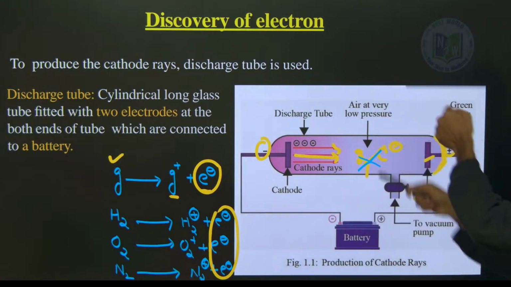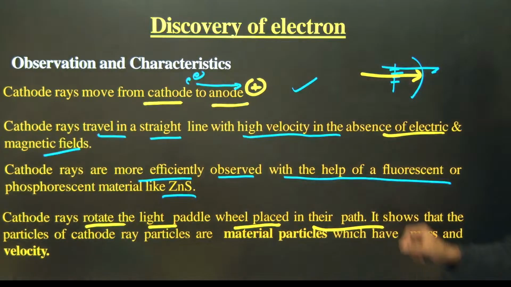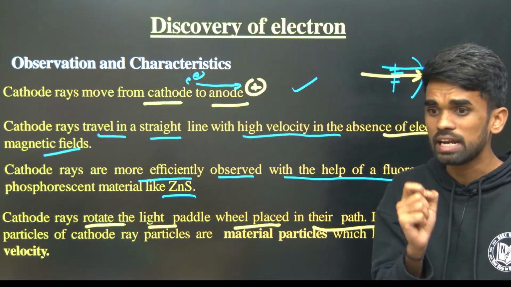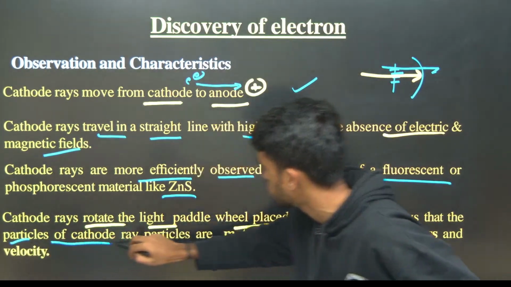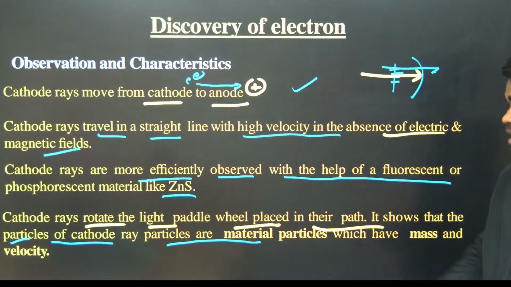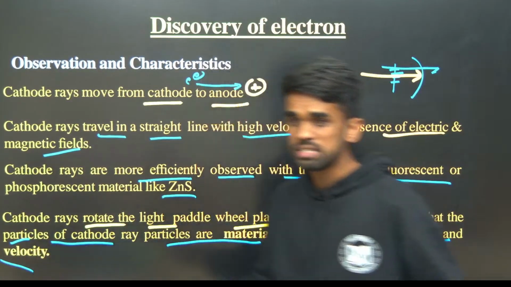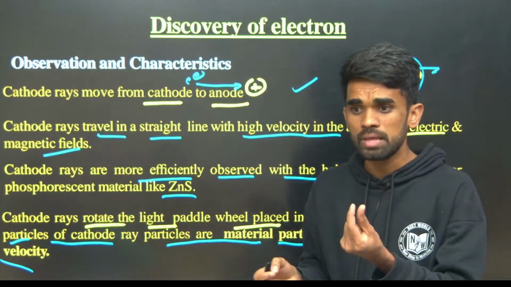They will rotate, yes or no? By this he is saying that electrons have particle nature. It shows the particles of the cathode ray are material particles which have mass and velocity. It means the electrons are moving with some velocity and have some mass.